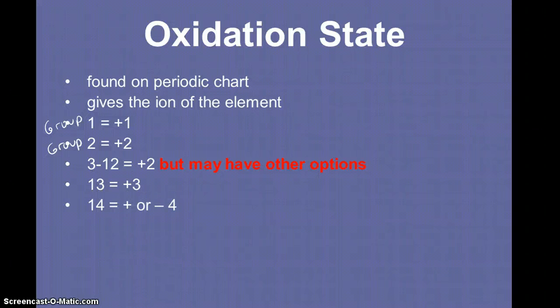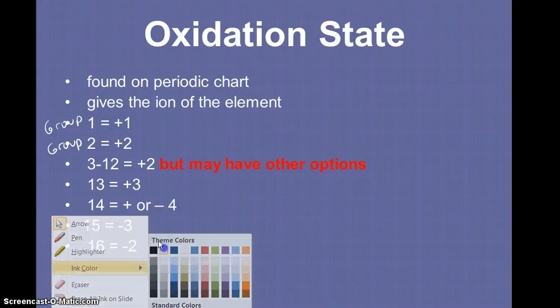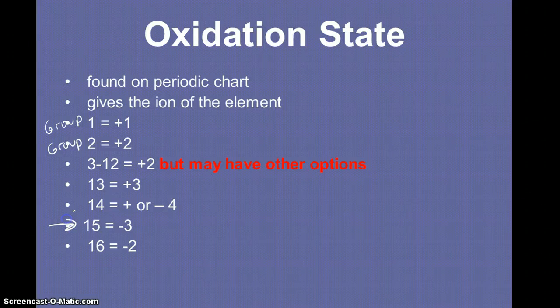Group 14 will either, remember, lose or gain 4 electrons. Group 15 tends to gain 3 electrons, noting the negative charge there because it's gaining 3 electrons. And then group 16 tends to gain 2 electrons.